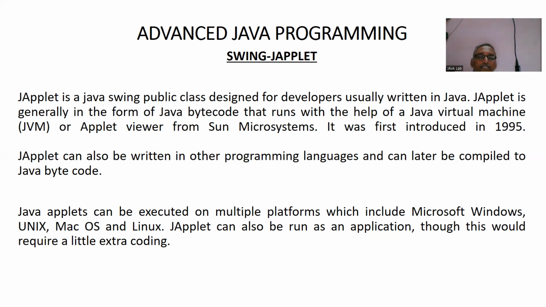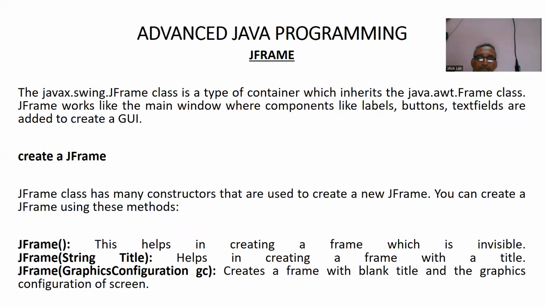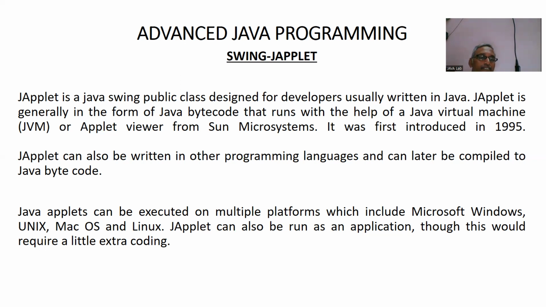JApplet extends the class in the form of a Java applet. Java applets are executed in a tightly controlled set of resources referred to as a sandbox. This prevents the JApplet from accessing local data like the clipboard or file systems.